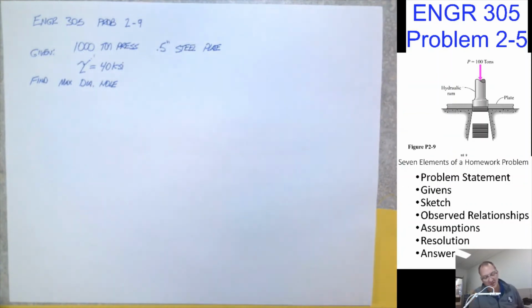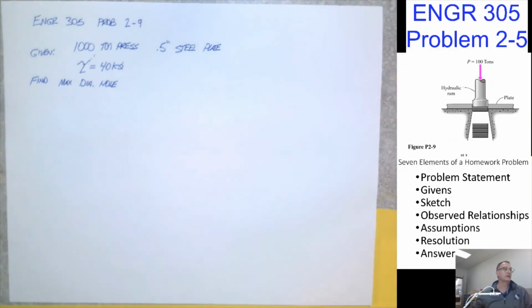We better check our digits when we do our conversion. I'm punching through half-inch steel plate. I'm going to punch a round hole. It gave me the failure criteria, that the shear stress for the material is 40,000 psi or 40 ksi, kilopounds per square inch. Find the maximum diameter hole.